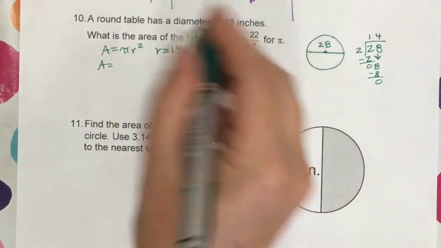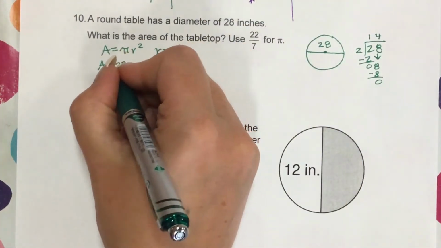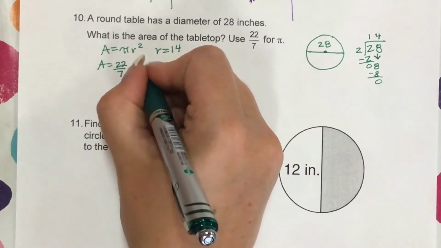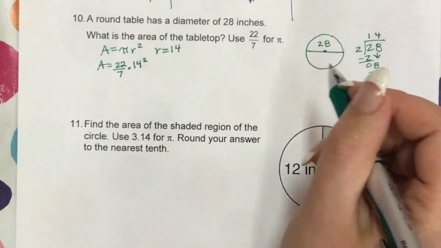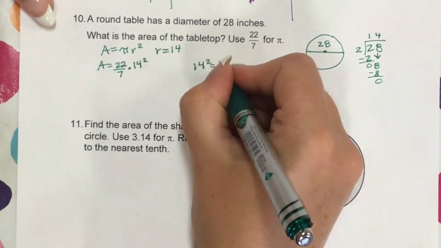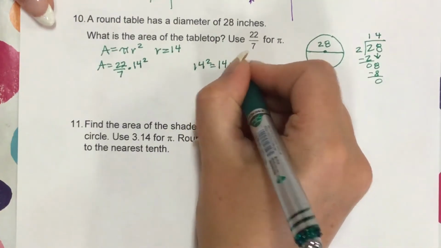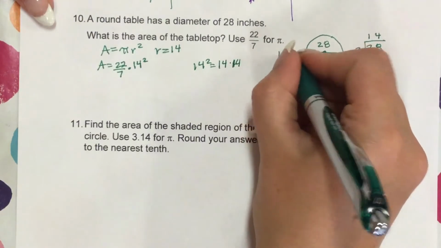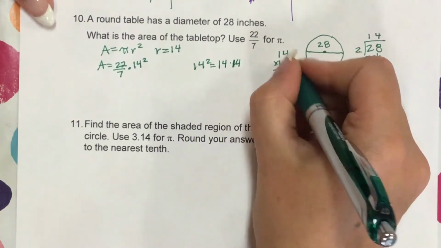Area is equal, we're going to use 22 over 7 times 14 squared. Now 14 squared is the same thing as 14 times 14, right? And 14 times 14, I got to figure that out. 14 times 14. 4 times 4 is 16.